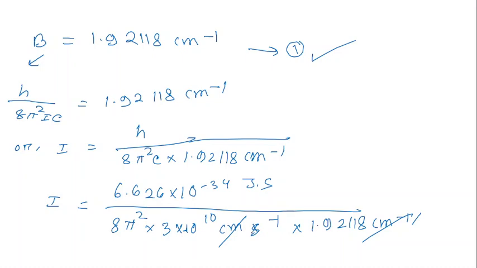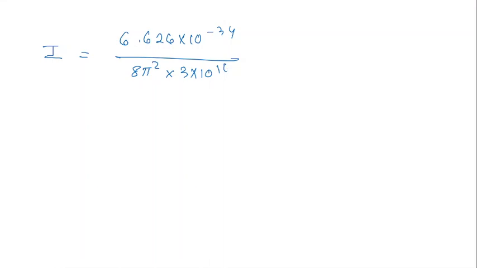Okay, now what will be the value of I? Or 8 pi square. Now the unit thing. Joule means kg meter square second to the power minus 2.